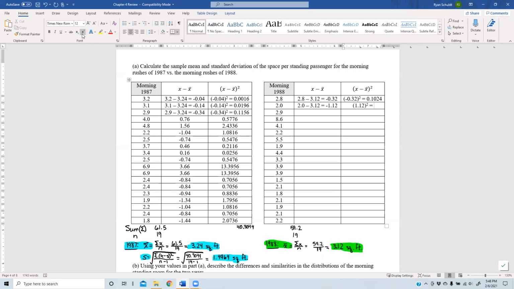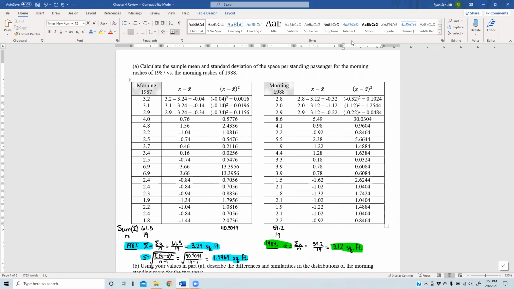And that would get us 1.2544. And then we do the next one. 2.9 minus 3.12. That's going to give us negative 0.22. Then we've got to square it. That'll get us 0.0484. And then we keep going until we get this whole table filled in.